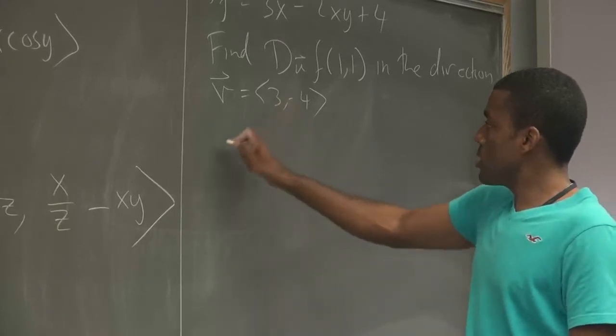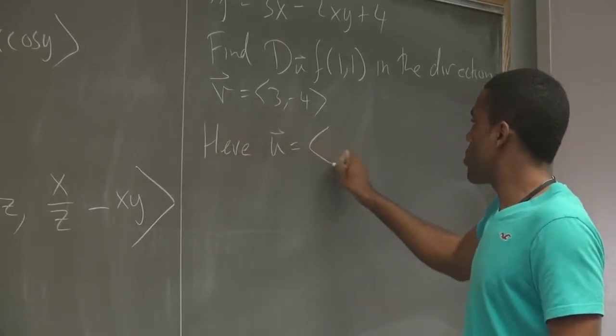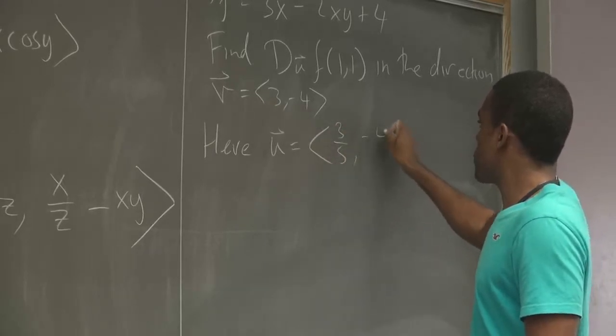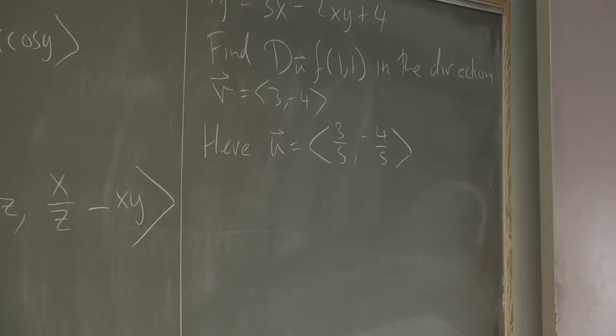And so here, u we found was equal to 3 over 5, comma minus 4 over 5. I just want to rewrite it in the language of this dot product. That's basically what I'm asking to do.